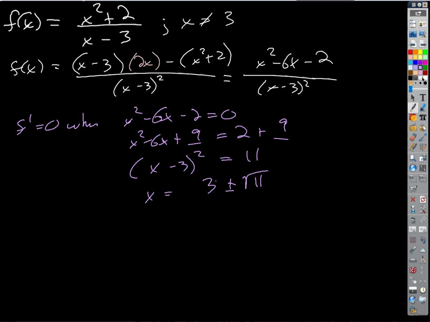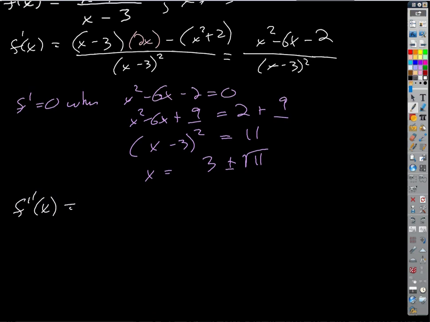Let's go ahead and continue and get our second derivative. That's supposed to be a derivative, isn't it? Second derivative. So we'll go from here. Quotient rule. You have your x minus 3 squared.